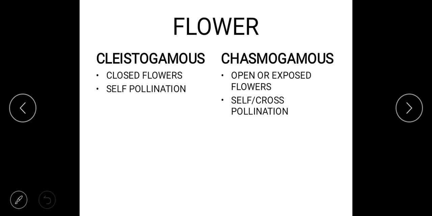The male part and the female part are not exposed to the environment. It completely shows self-pollination, true breeding plants. Whereas chasmogamous flowers can show self-pollination as well as cross-pollination. But there are some plants which possess both chasmogamous as well as cleistogamous flowers. I'll give you examples like Viola, Oxalis, and so on.